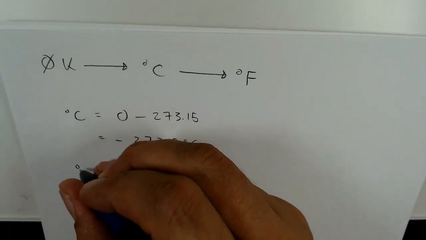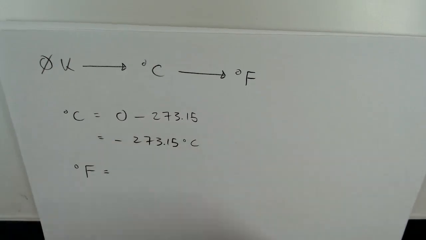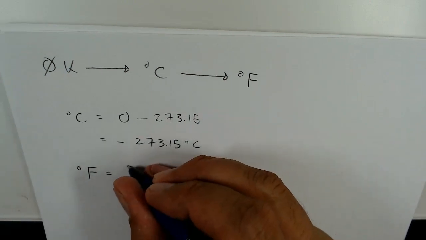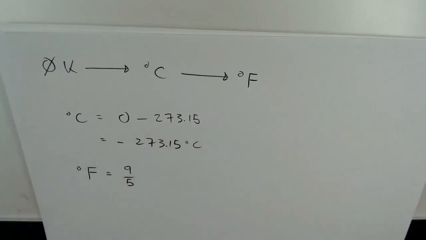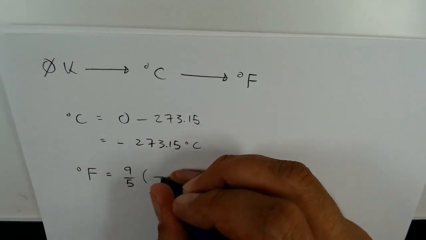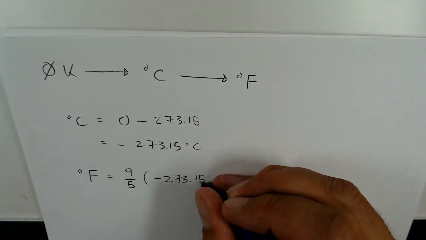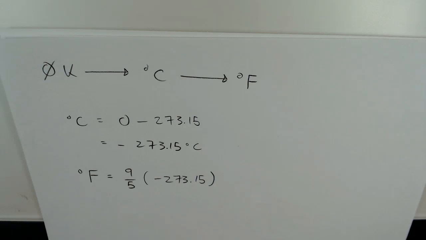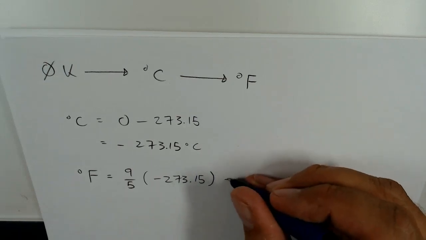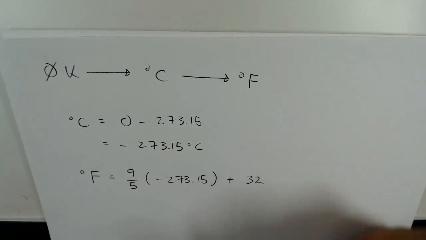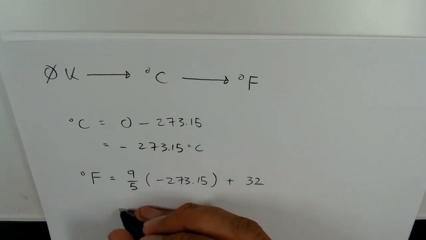So I want to figure out degree F. In this case, we're going to a larger number, so I want to use the 9 on top. So 9/5. And then we're going to multiply that by negative 273.15. After that calculation, we're going to go ahead and say plus 32 after the multiplication.